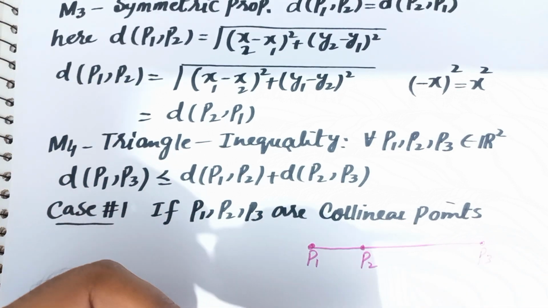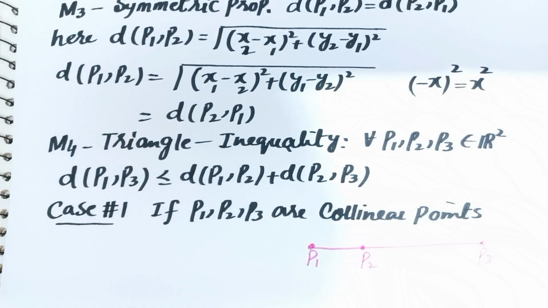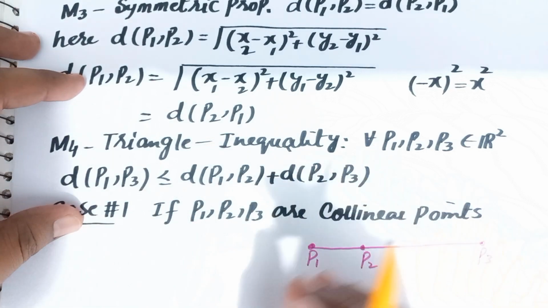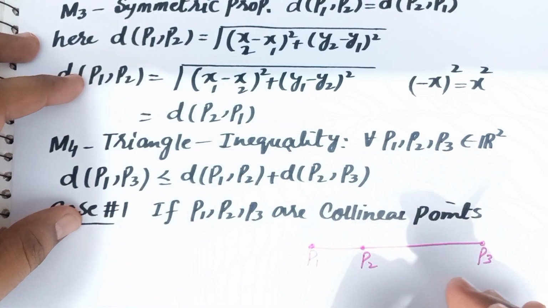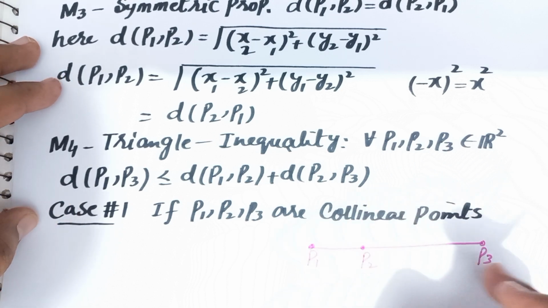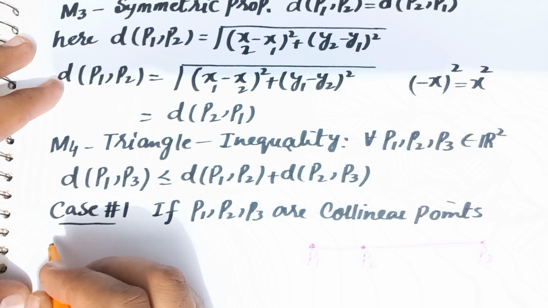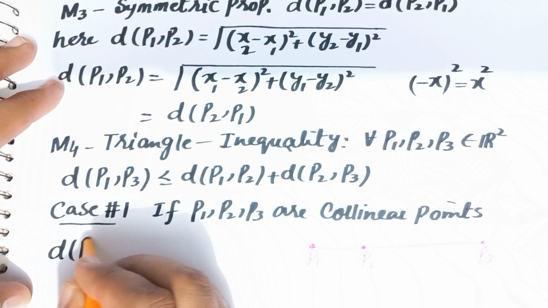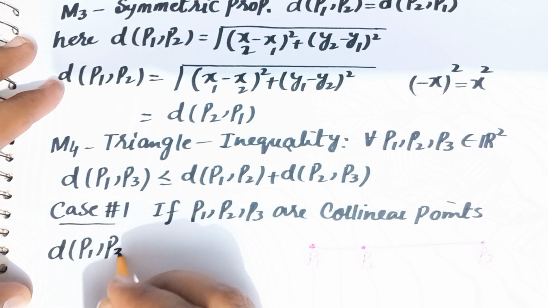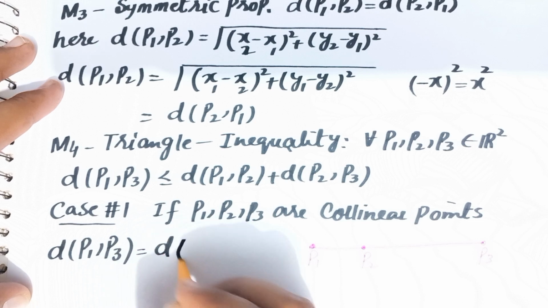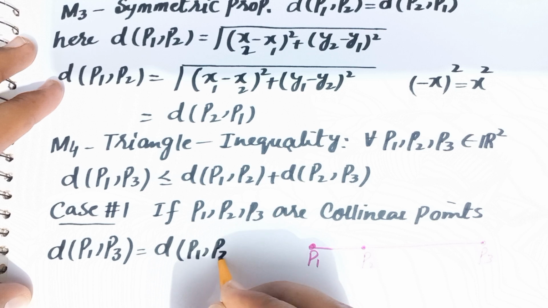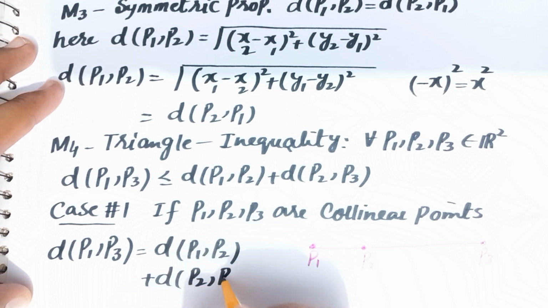From these points you can notice that the distance of P1 to P3 is equal to the distance of P1 to P2 plus the distance of P2 to P3.